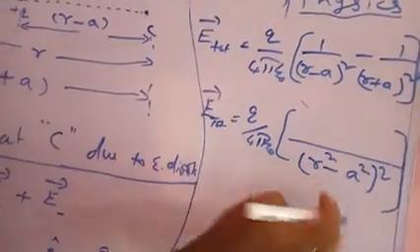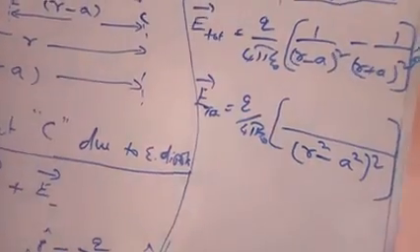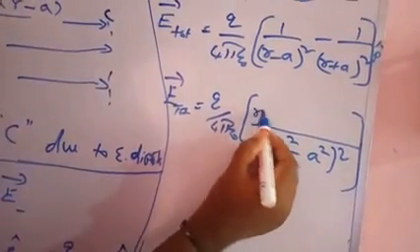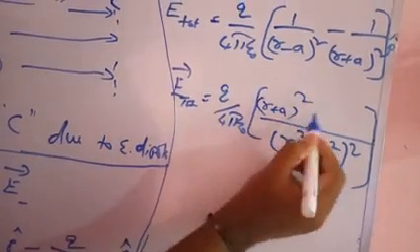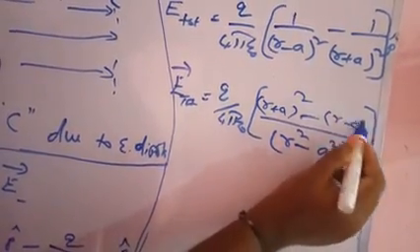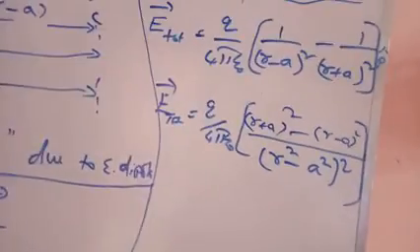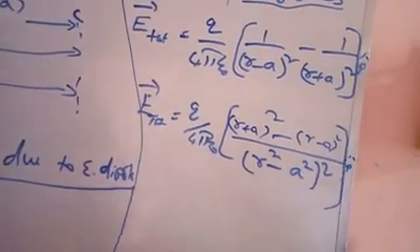So the denominator is over. In case of the numerator, it is (r plus a) the whole squared minus (r minus a) the whole squared, into p cap.